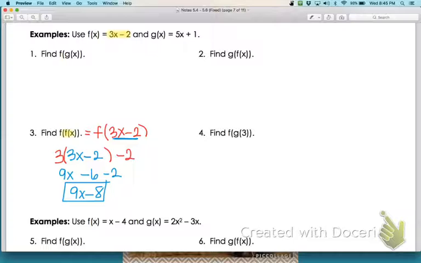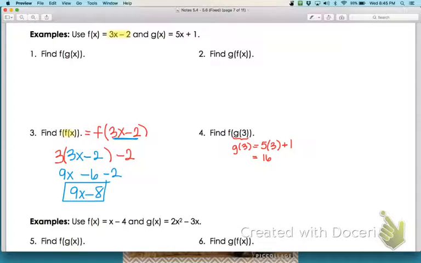But let's say that we didn't know what f of g of x comes out to be. Well, like I mentioned before, we just work from the inside out. So in this case, we would start by doing g of 3. And g of 3 means take g and plug in 3 for x. So this would be 5 times 3 plus 1, which is 16.